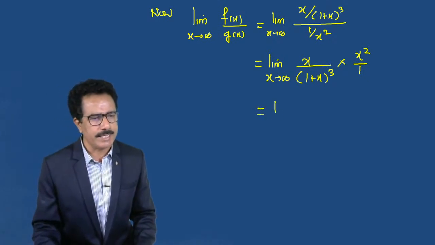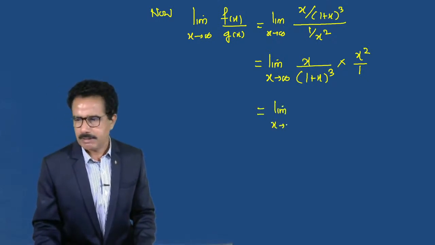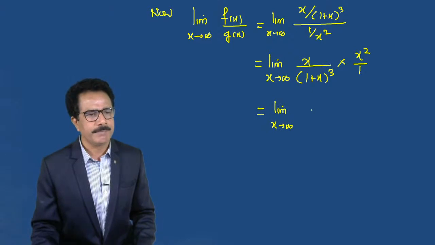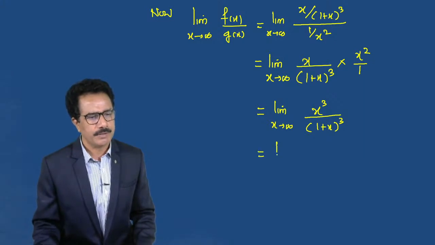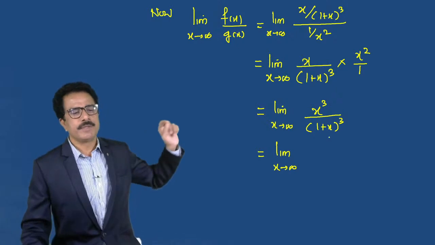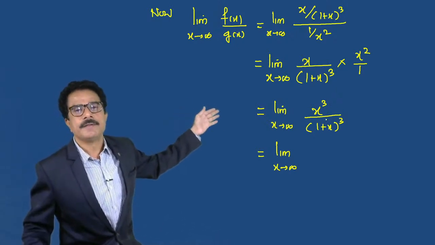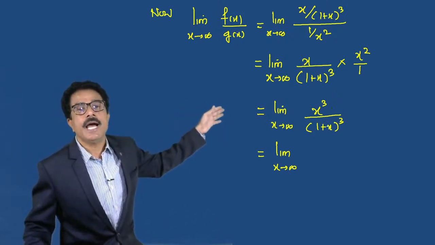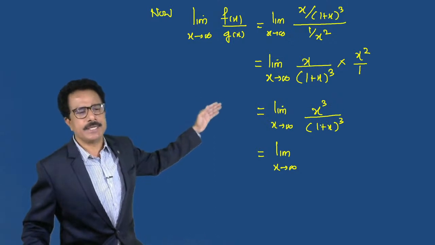So we can write limit x tends to infinity, that can be written as x cube divided by (1 plus x) cube. Now see this, there are only algebraic terms, x terms.